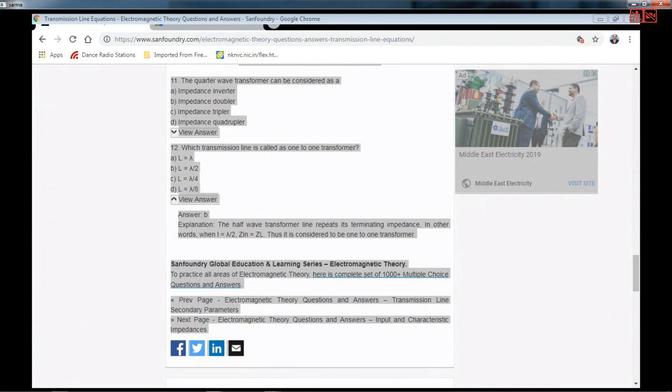Now, let's go to another important way of looking at these transmission lines. As we see in the transmission line equation, we get the voltage and current expressions in terms of two terms. One is a forward traveling wave, V0 plus e power minus gamma z, and the other one is a reverse traveling wave. That means the first term represents a voltage wave traveling from the source to the load, whereas the other represents a wave traveling from the load towards the source.